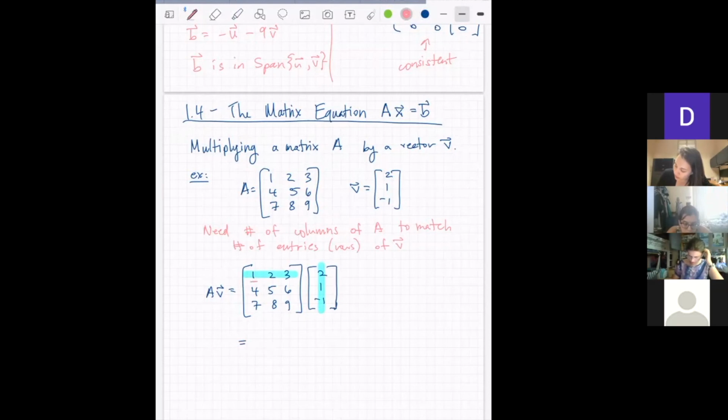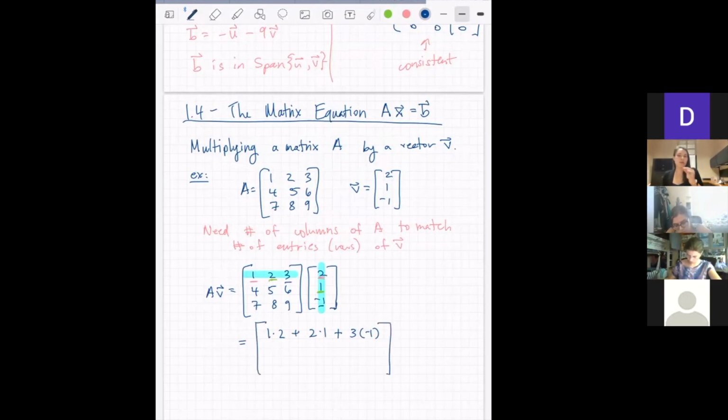So take 1 times 2, right? And then we add 2 times 1, so this 2 times this 1, right? So we're moving along the row and at the same time moving along the vector, right? So we get 2 times 1, and then the last piece is 3 times negative 1, right? And we add that as well. Okay, so that's the first part. And we're actually going to form a vector.